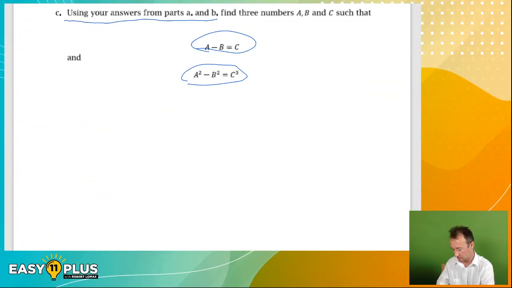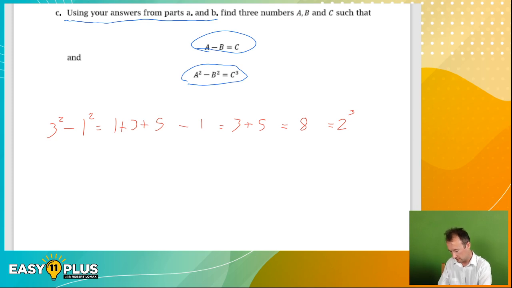So I would write something pretty simple like this. 3 squared minus 1 squared equals 1 plus 3 plus 5 minus 1, which equals 3 plus 5 equals 8, which equals 2 cubed. So we've got A, B, and C. A squared minus B squared equals C cubed.